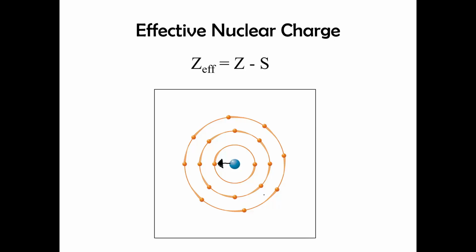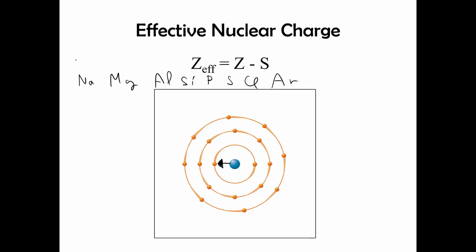And so let's just take a look at the third period. If you have the periodic table, this is going from sodium to magnesium to aluminum to silicon to phosphorus to sulfur to chlorine and to argon. So that is the third period. If you have a periodic table, you should look at that, right?